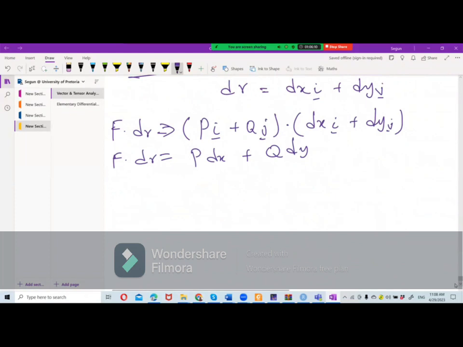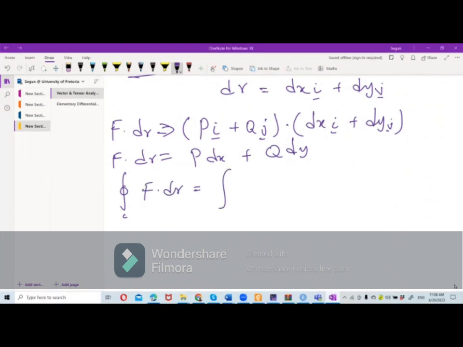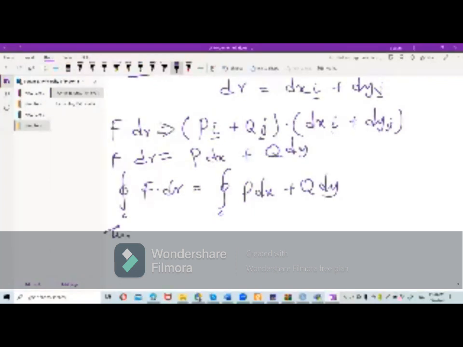So at the end of the day, I have my closed integral over c of f dot dr equals p dx plus q dy. This is work done alone.